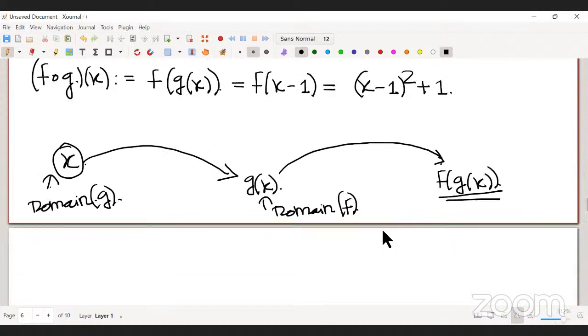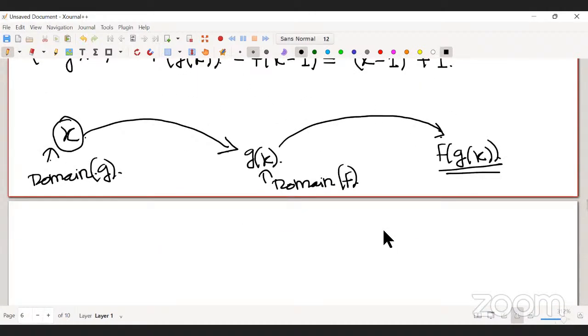So when we are taking composition of functions, we have to make sure that x satisfies two conditions. I can say that x is in the domain of f circle g if x satisfies two conditions. The first condition is x is in the domain of g, and the second condition is g of x is in the domain of f.